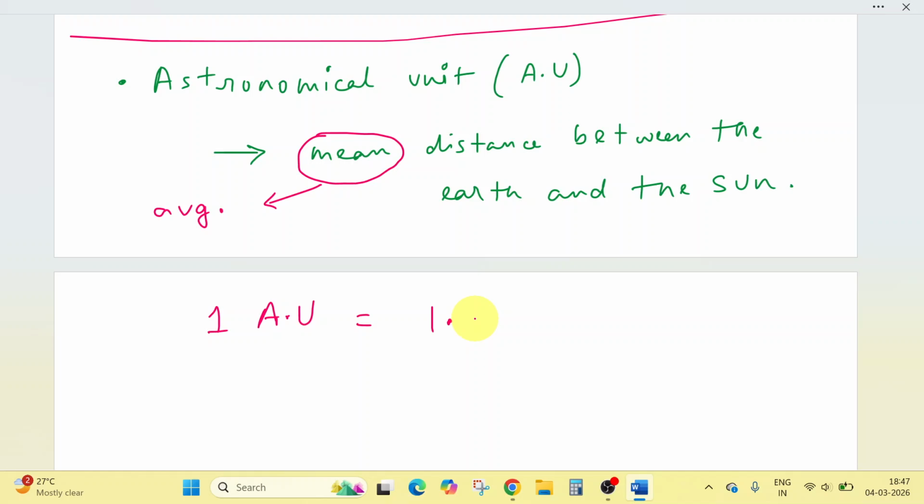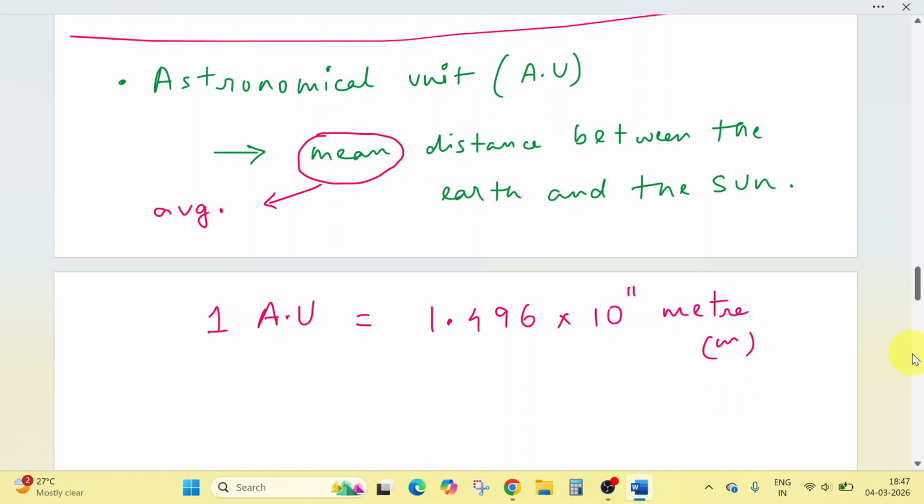It is 1.496 into 10 to the power 11 meter. Okay, 10 to the power 11 meter.